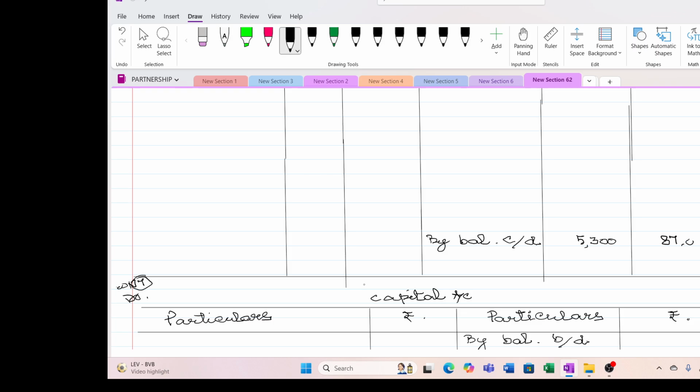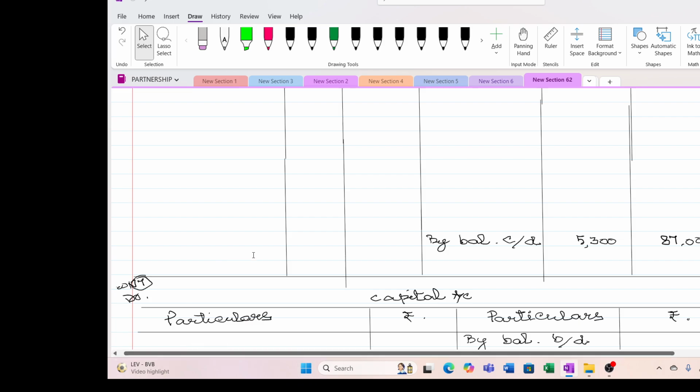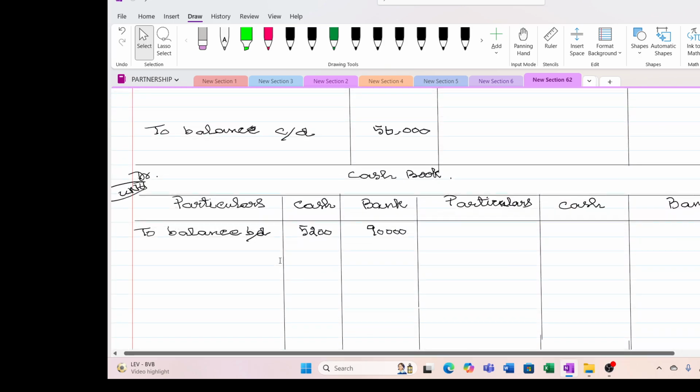87,000. Okay. So first thing is that they have given the adjustment deposited into bank after payment of shop expenses at the rate of 600 per month. This is a cash payment.